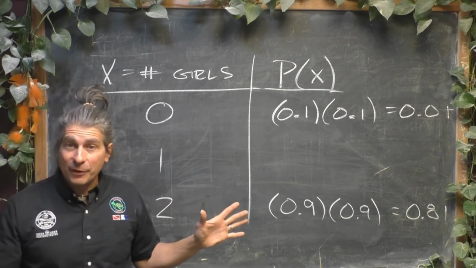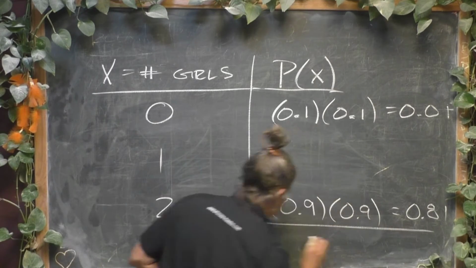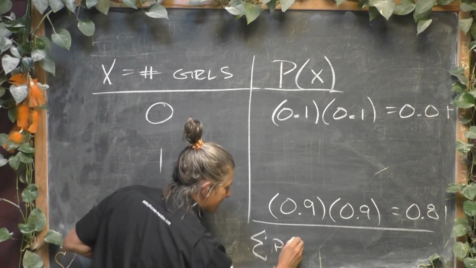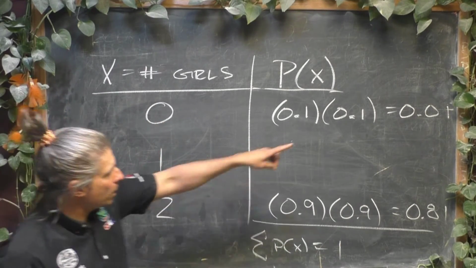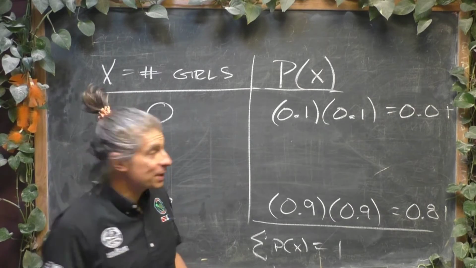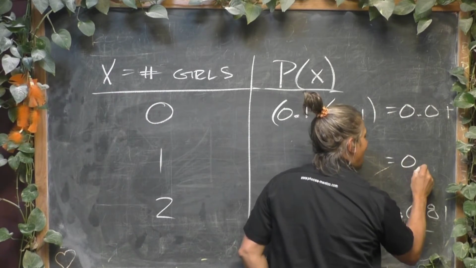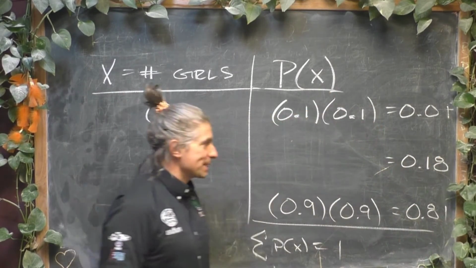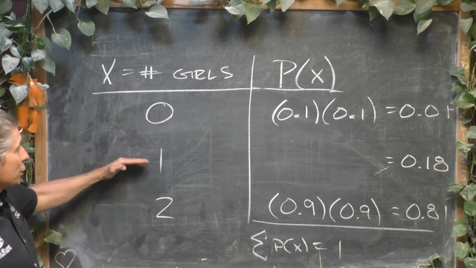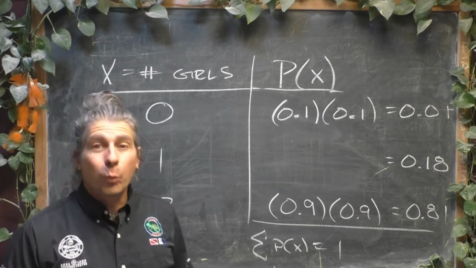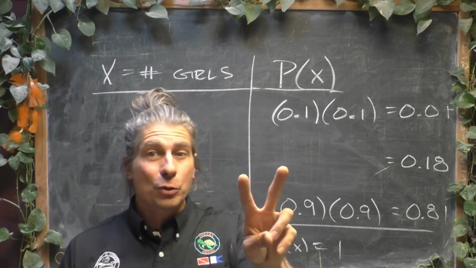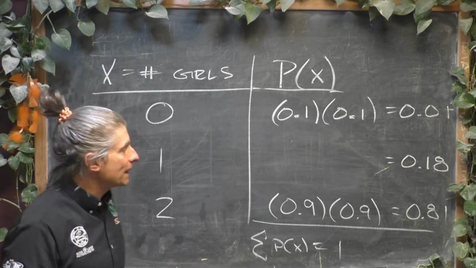That tells us everything we need to know, because we still know that the chances have to add to 100%. So we know 81 plus 1 is 82%. We know this has to be the other 18%. So we know the chance that one of them is going to be a girl is about 18%, which means roughly 1 out of every 5 times you buy 2 birds, you're going to get 1 of each.